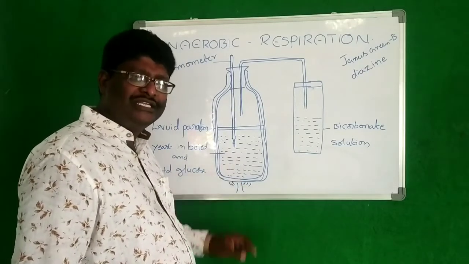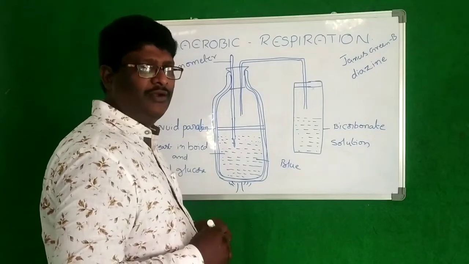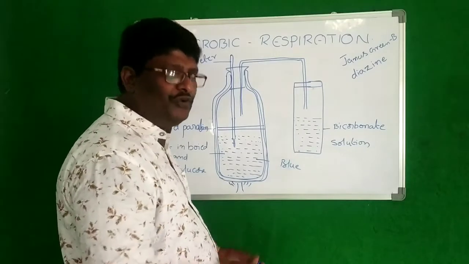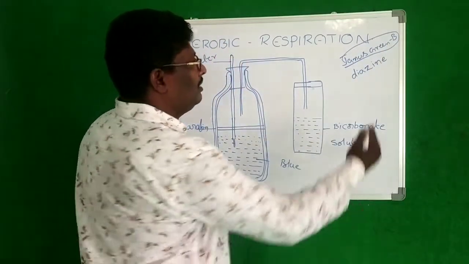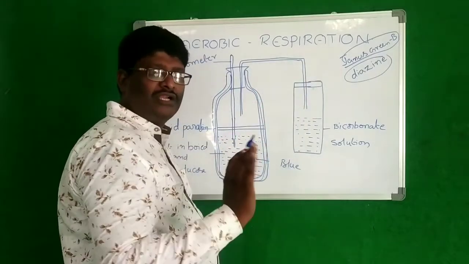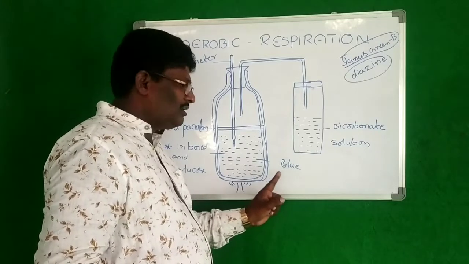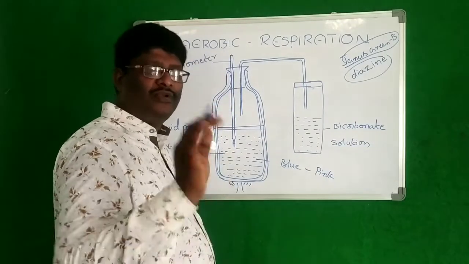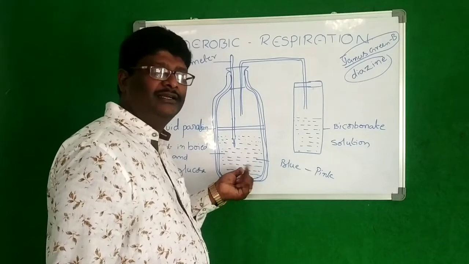Actually the solution is blue in color. If you add Janus green B solution or diazine to this glucose solution, and the blue color turns into pink, we will confirm there is no oxygen or only a small amount of oxygen in the glucose solution.